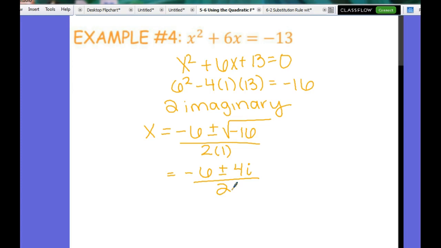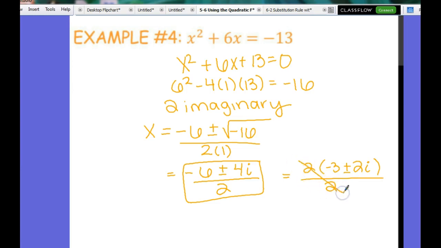Both or none. You can stop right here. If you want to get fancy, you got to take a 2 out of the top. And then you can cancel that 2 from the bottom. But you got to take it out. You cannot just take it from one. It has to come from both.